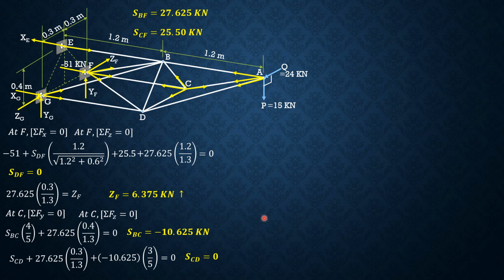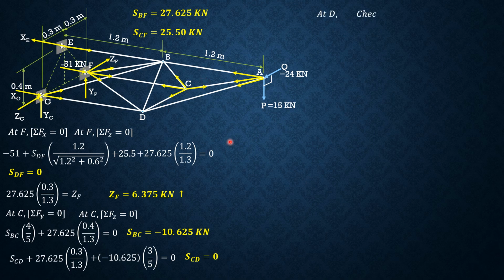So SED is 0 also. Because AC, BC, and CF are on the same plane, automatically SED is 0. So that's the result also to verify that SED is 0.